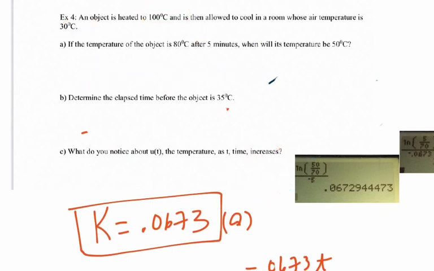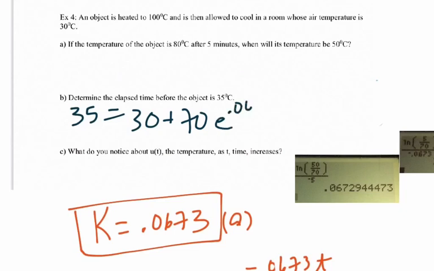We are going to use the same formula basically, but we are going to write 35 is equal to 30 plus 70 e to the 0.0673, and it's negative by the way, t, and then I'm going to solve this.